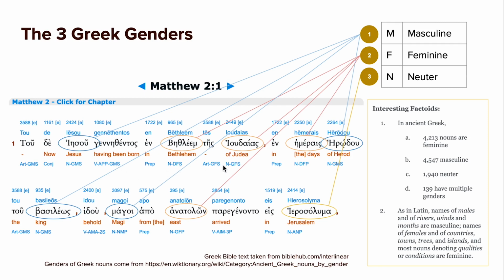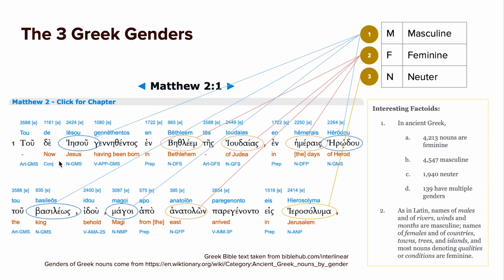Here we have a feminine article, feminine noun, again masculine noun, again feminine noun. Here, this is a verb, so we don't have gender unless it's a participle, and a neuter noun. So we just have one neuter word in this verse that we just read.